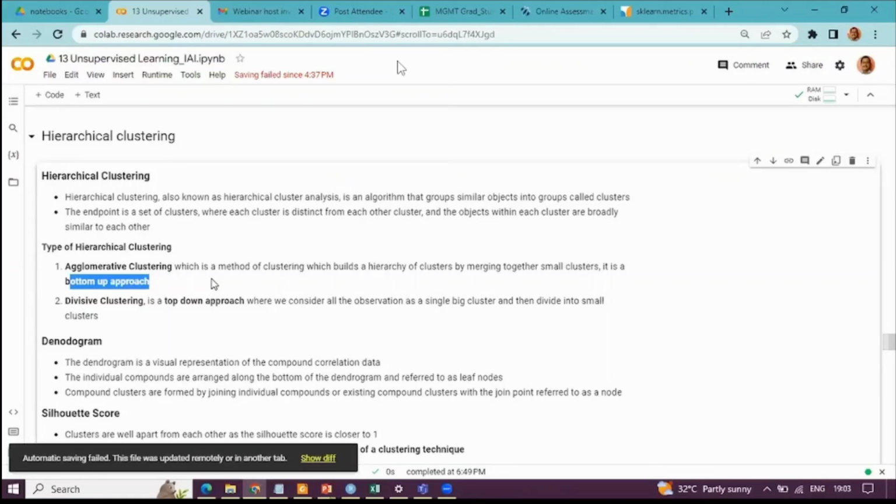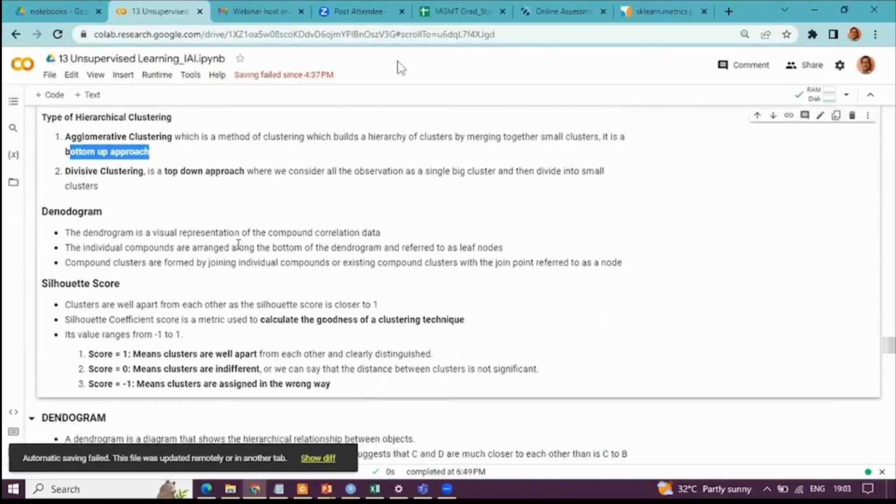So we start with 1 and go to 167 in divisive clustering, whereas we start with 167 clusters and go to 1 cluster in agglomerative clustering. In both cases, we will be creating a dendrogram. It's a visual representation of the compound correlation data. It looks like a tree. We'll see it in a while.